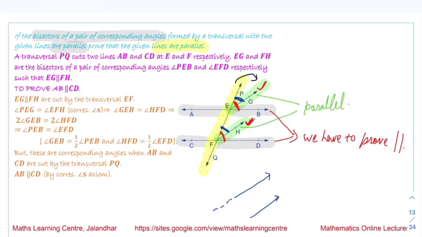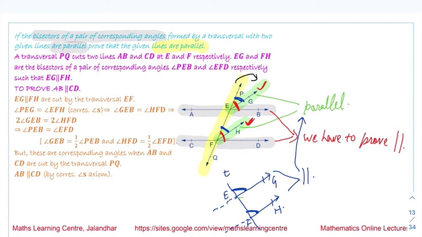Suppose I am extending these lines in both directions, and this is the transversal over here. This is EG and this is FH. This is transversal T. These two lines are given to be parallel, so these two angles are equal because they are the corresponding angles. Now this EG is the bisector of the angle. Suppose I am drawing another line over here.